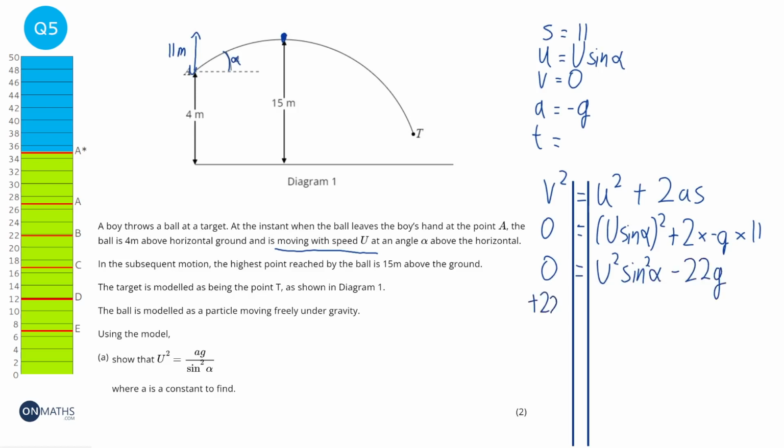If we add 22g to both sides, and then divide by the sine squared alpha, both sides.